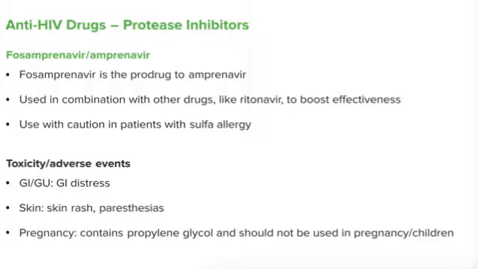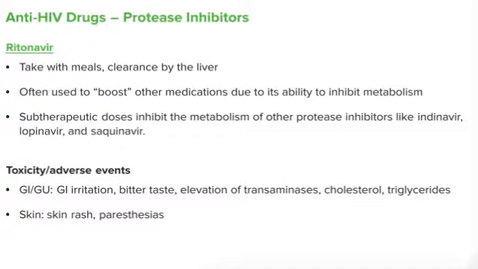pregnancy and in kids. Ritonavir is probably one of the best known of the protease inhibitors, and if my memory serves me correctly, take it with meals, cleared by the liver. It's often used to boost other medications due to its ability to inhibit metabolism.